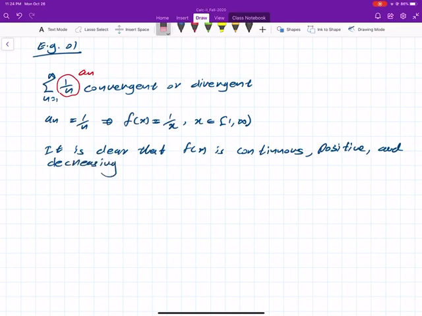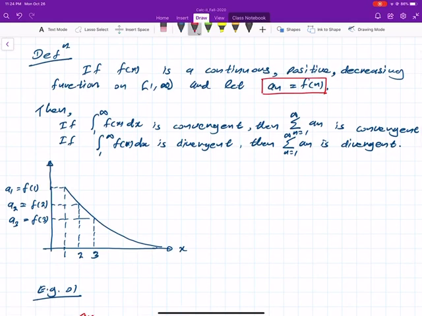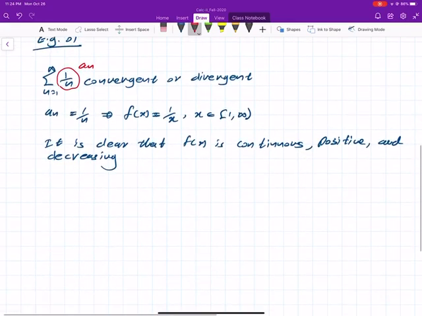You have to check all these three conditions. It should be continuous, positive, and decreasing. So everything is satisfied.